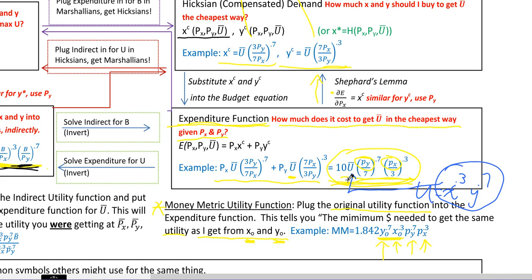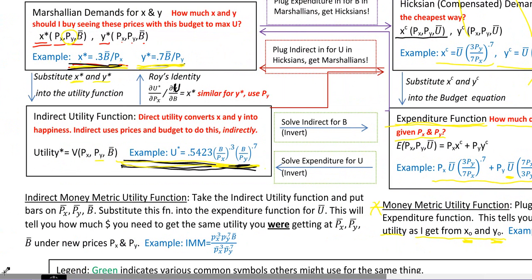Plug in x to the 0.3 times y to the 0.7 there, and that will give you this money metric utility function. And again, this is after simplifying it, and I think I did that right when I did it by hand, but everybody makes mistakes. If you find a mistake, please let me know.